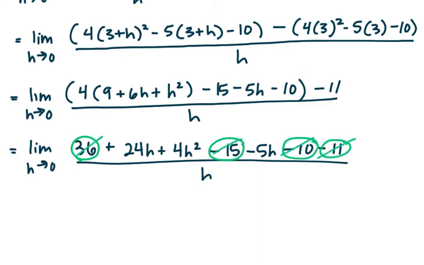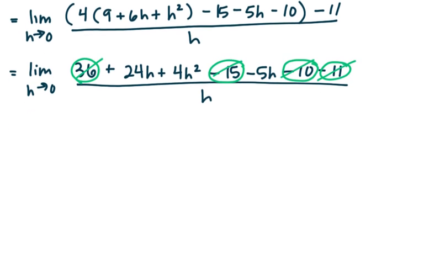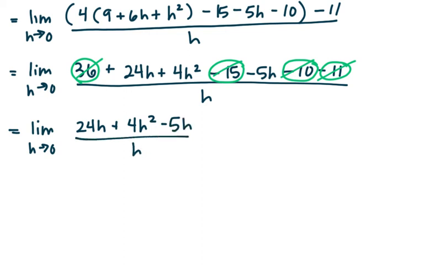All of those will cancel out. So I told you this end number, whatever we have here, that's always going to cancel. If it doesn't cancel, you've probably made a mistake. This is now the limit as h approaches 0 of 24h plus 4h squared minus 5h over h.